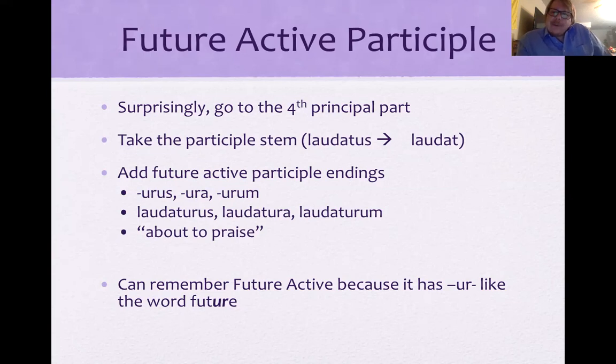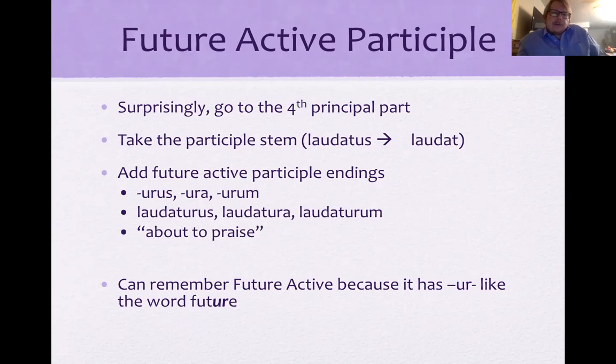The future active participle sometimes can be confusing because it's active in voice. However, you have to go to that 4th principal part. You have to take that participial stem, laudat, because remember laudatus, laudata, laudatum, those are already our perfect passive. So we have to make it future active.